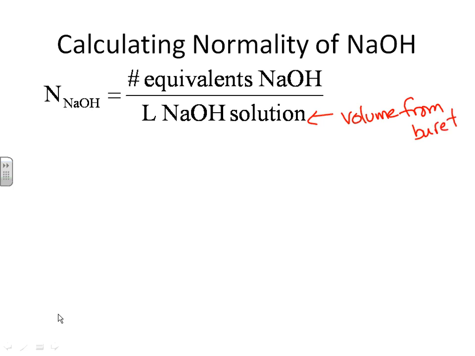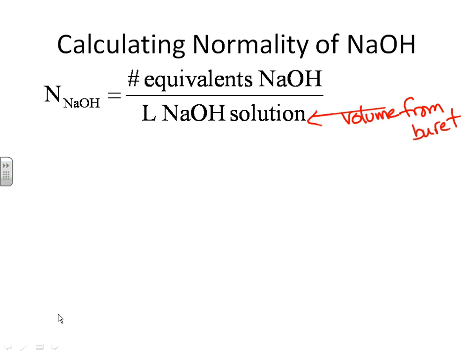Not directly, because the burette measures in milliliters and this is liters, but that's where it's going to come from. Okay, so the liters of your sodium hydroxide solution we're getting from the burette. How much volume of the NaOH did we need to put into the KHP so that the phenolphthalein turned pale pink? Whatever amount that is, that's going to be our bottom number once it's converted to liters.